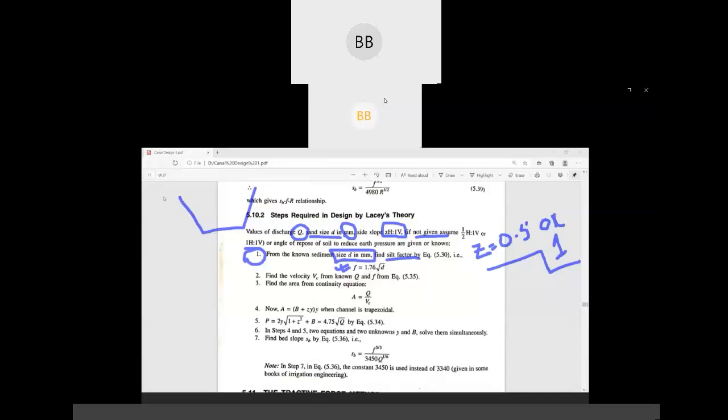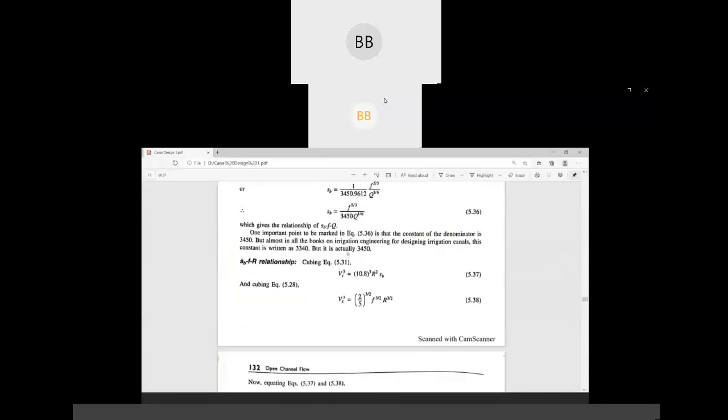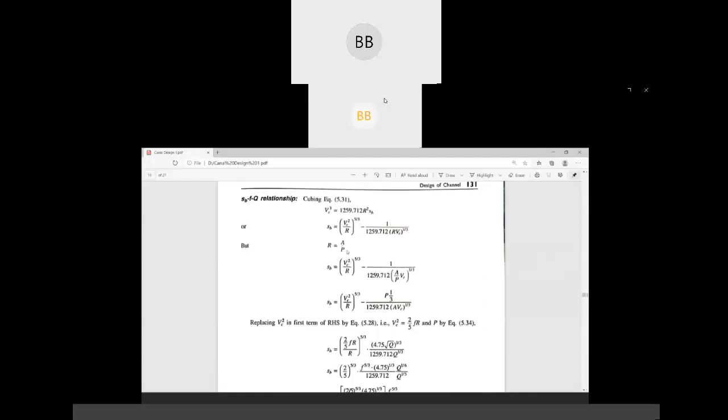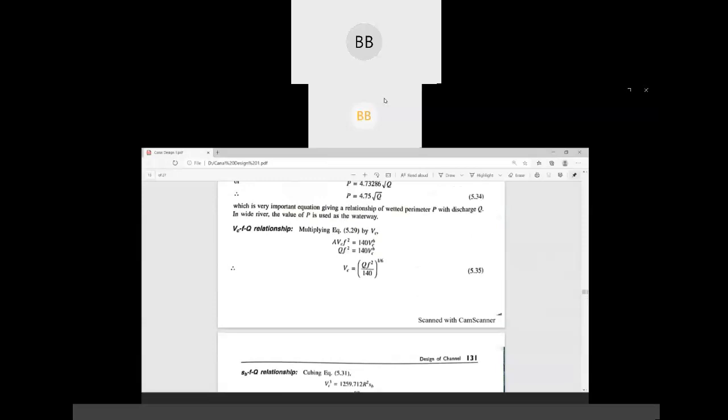Then the next step, the second step, is to find out the velocity. You write down this expression: that velocity you are going to find out using Vc is equal to (q f square divided by 140) to the power 1 by 6.